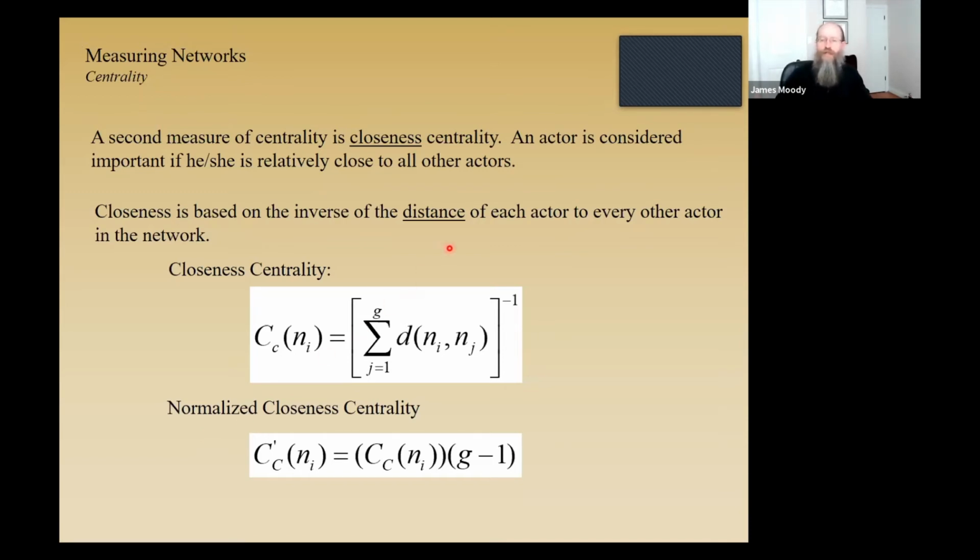So closeness centrality is the distance between each pair of nodes in the network, and we invert it, right? So that's classic distance or closeness centrality. You can think of the farness of somebody as how much the distance is summed up across all pairs. By inverting it, you get closeness.